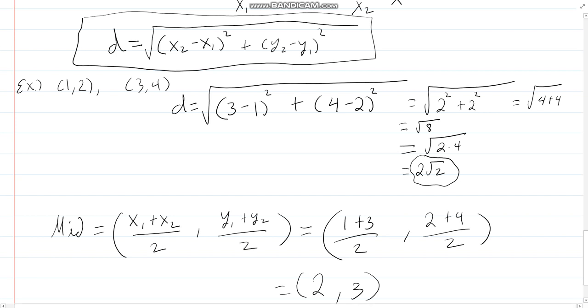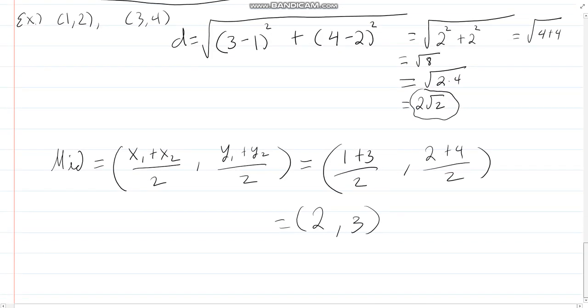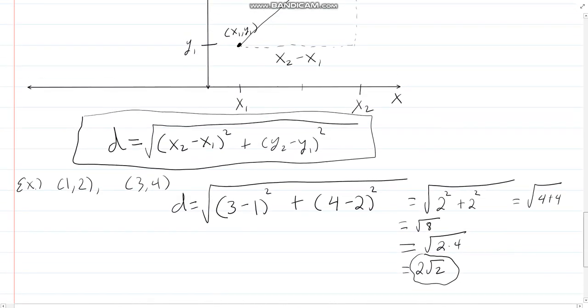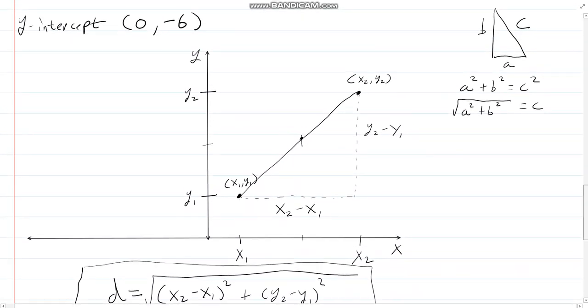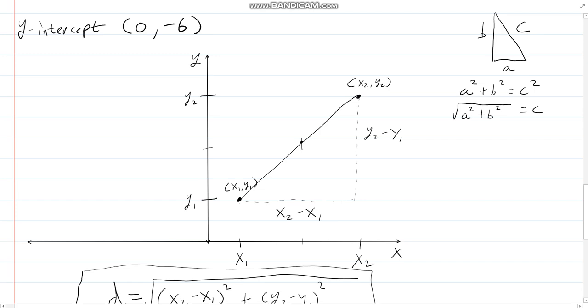Another thing that gets confused in these is that the midpoint is a point, and the distance is just a number. So this is a single number, and this is a location. That gets confused a lot, so be careful with that. I think they make sense if you've seen the x and y graph before, and maybe you've been exposed to the Pythagorean theorem.